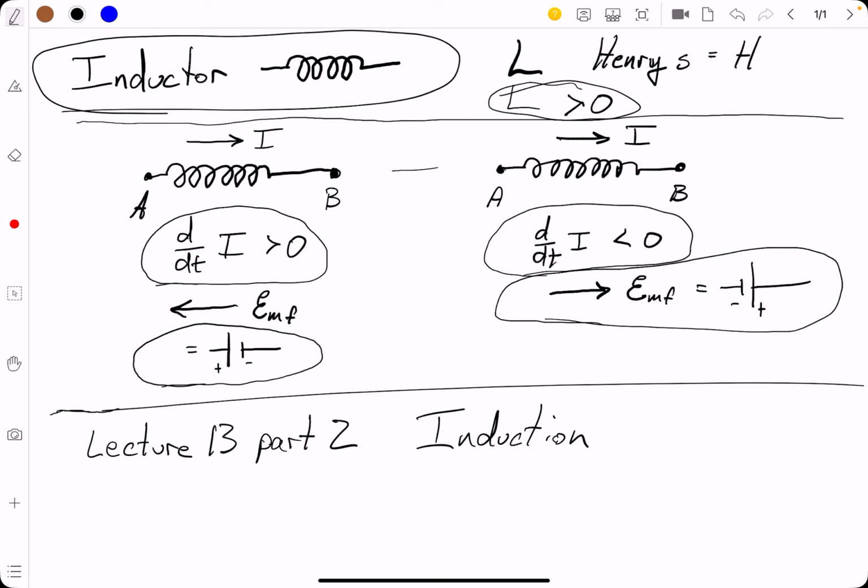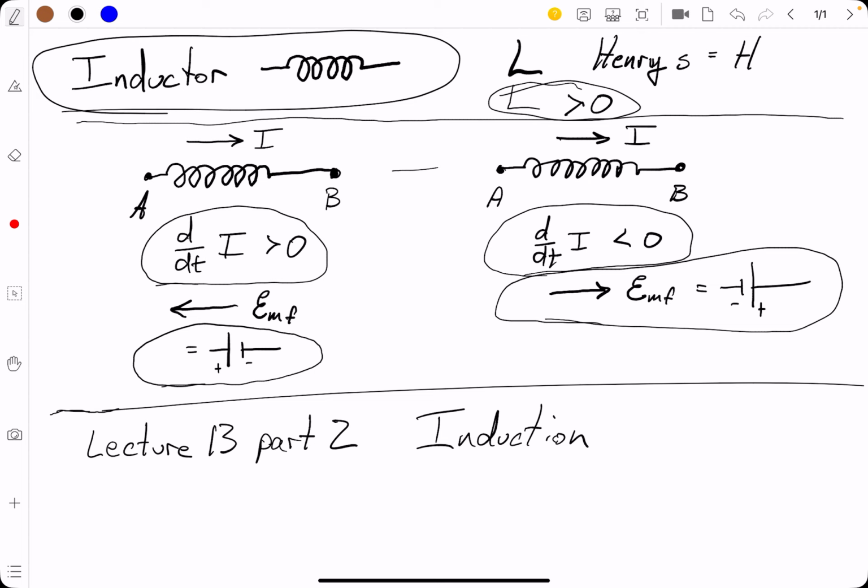Okay, so that's a very big thing, and of course we can flip it, right? We could have current going from B to A, and we could have current going from A to B and increasing and all those things, and then ask what the EMF is in those situations.